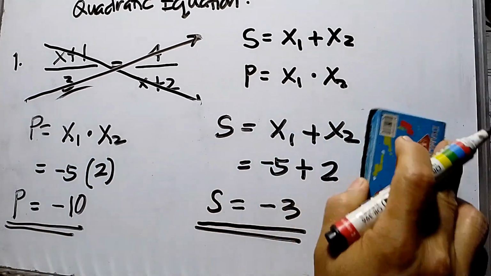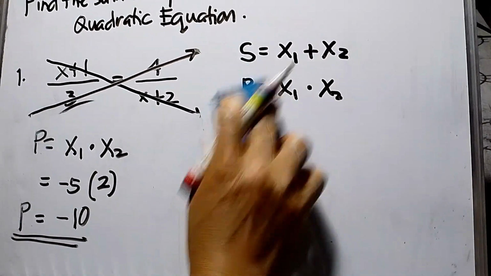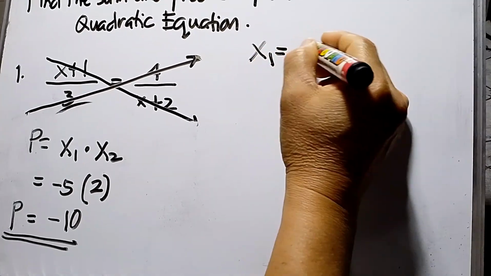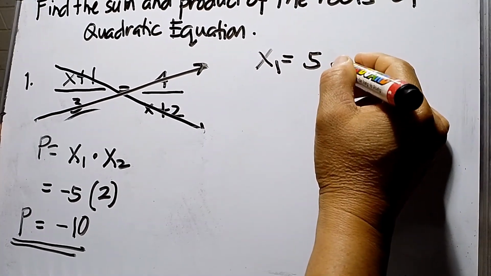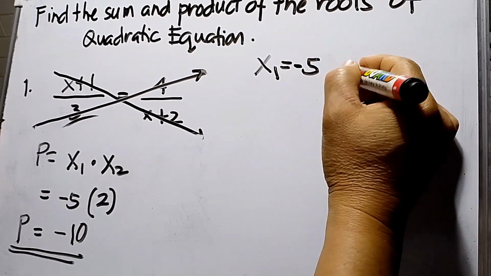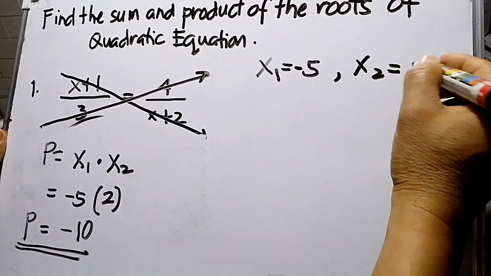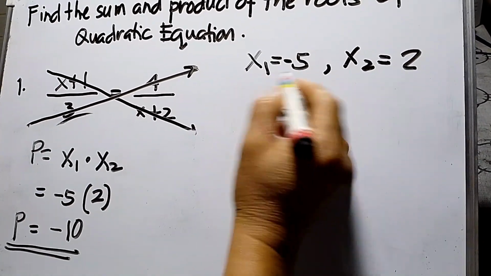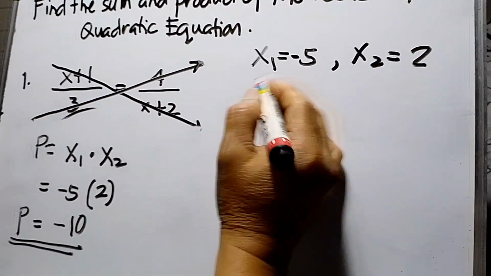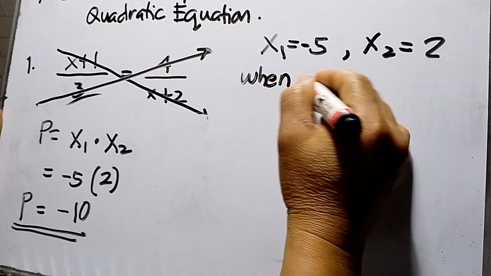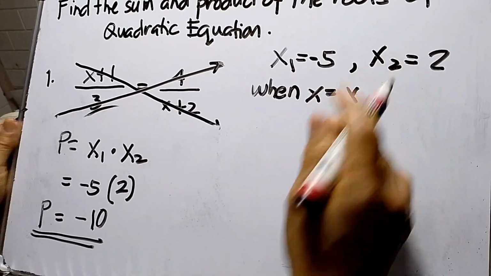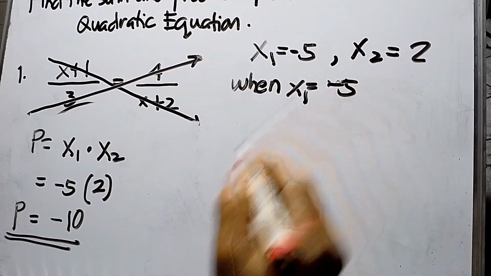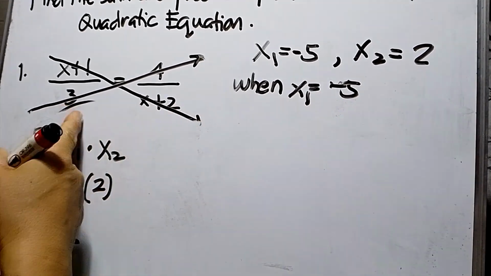Now, by the way, let us check first if these are correct. Since we know that my x1 is negative 5, and then x2 is positive 2. So let us check if these roots are correct. So by substituting, when x equals negative 5, then I need to substitute negative 5 to the equation.